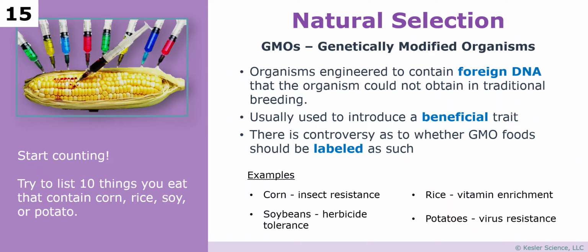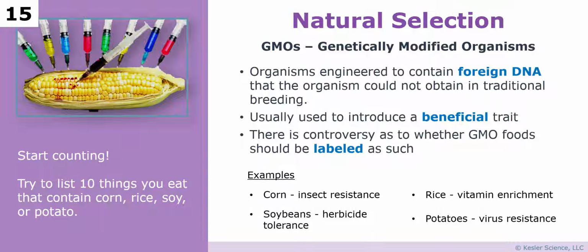So this is beneficial. This is also controversial. Some people really think that genetically modified organisms should be labeled, and some people don't think it's a big deal. Some people think genetically modified organisms are wonderful and they're really helpful for growing bigger crops and having better yields to feed the planet.